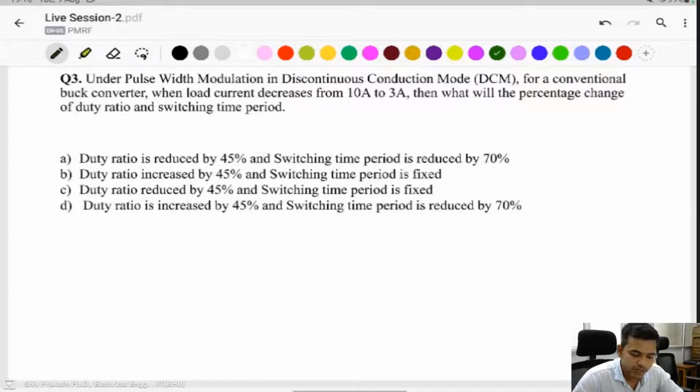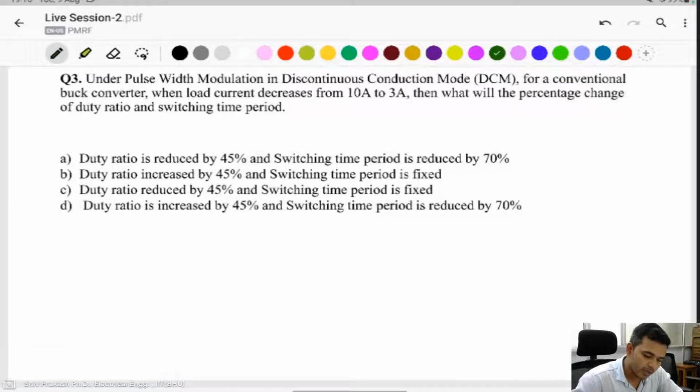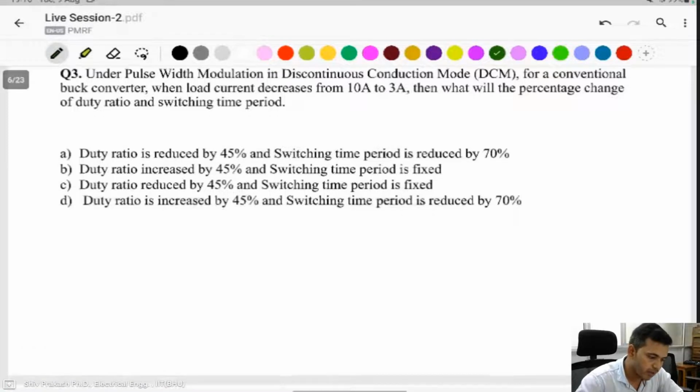Switching frequency changes in the frequency modulation technique. But here we take the pulse width modulation technique, which means the switching frequency is fixed, so the time period is fixed. Then option B, option C are true here. But for that you derive the equation.